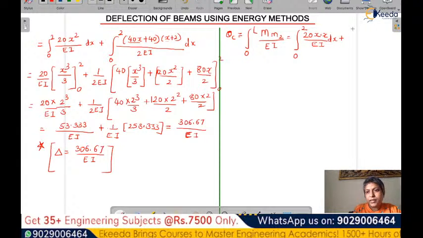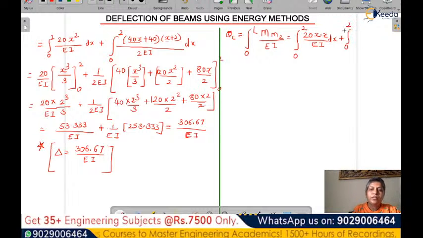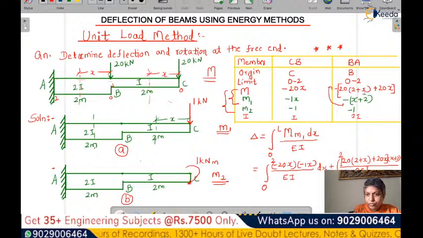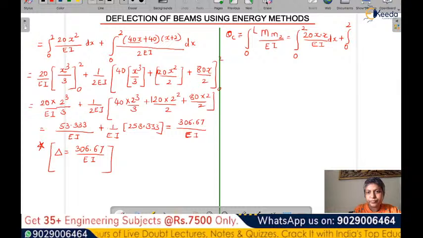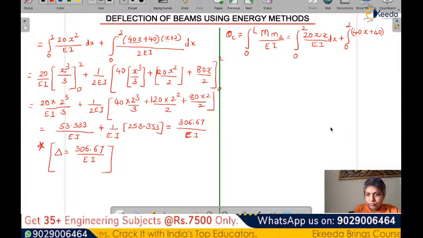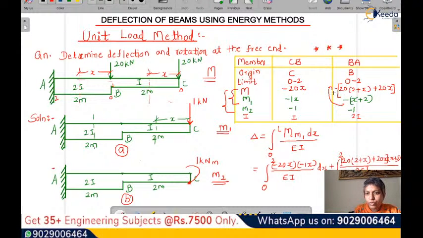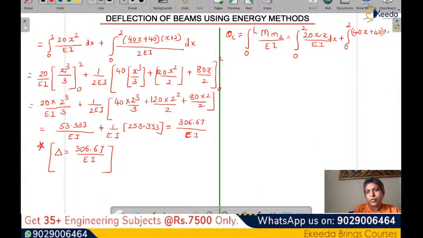Then the second part, 0 to 2. Here we write down the complete expression that we simplified earlier, 40x plus 40, into minus 1. These are two negative expressions, so minus minus will become plus, into dx by 2EI.